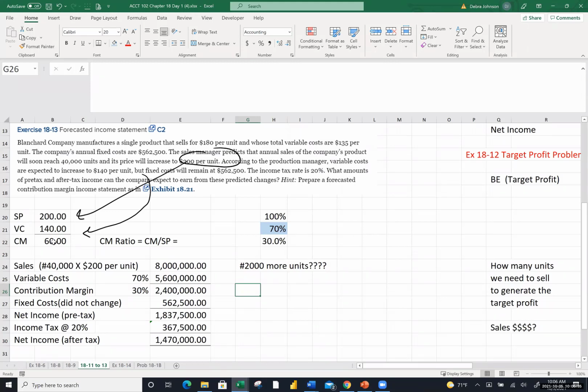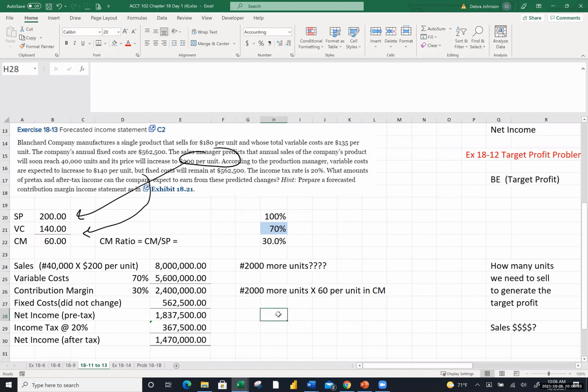$60 from every unit is now going to go right to the bottom line. So what's my net income going to be? 2,000 more units times $60 per unit in contribution margin will go right to the bottom line.